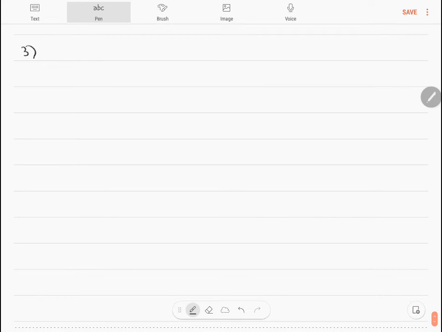Problem number 3. Find the total surface area of a hemisphere of radius 10 centimeter. Use pi value as 3.14. So total surface area of hemisphere is asked.